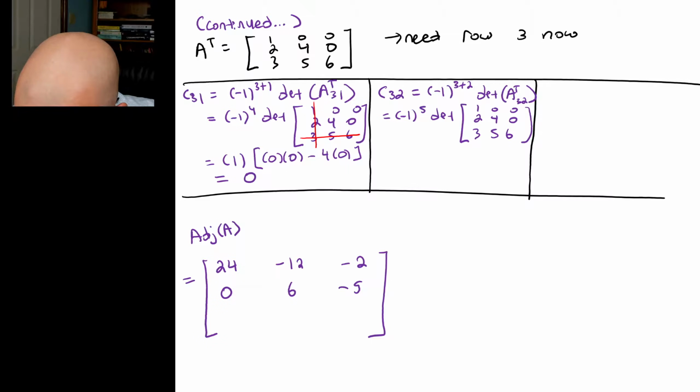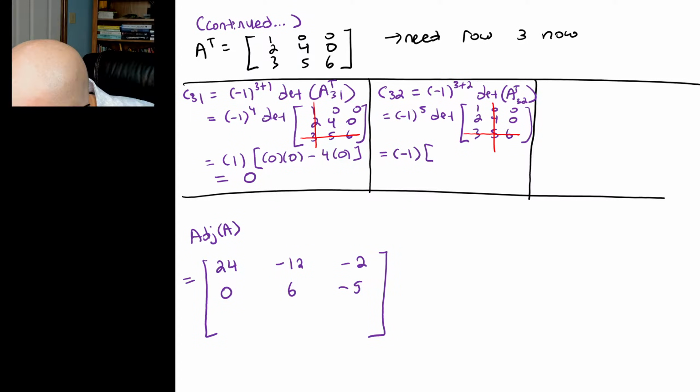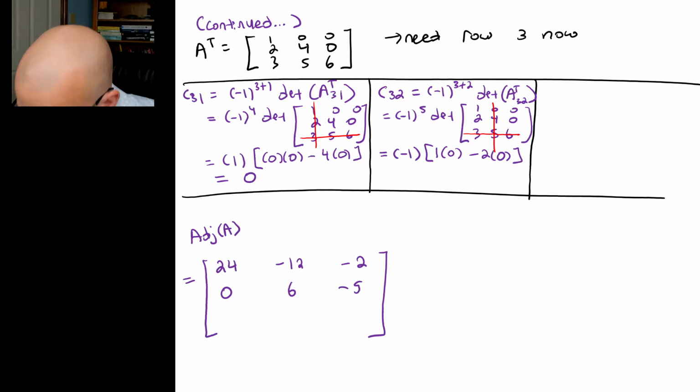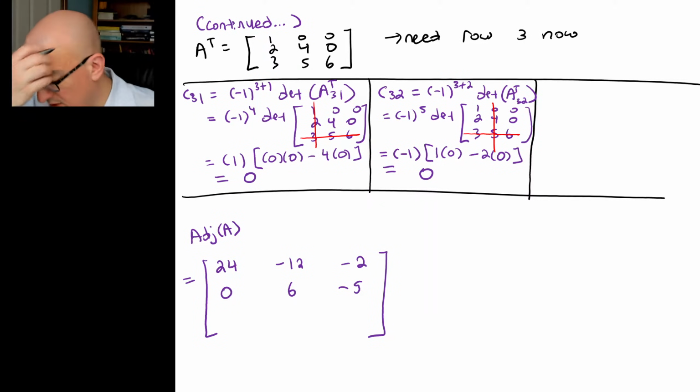Eliminate row 3, eliminate column 2. So we have negative 1 multiplied by down product, which is 1 times 0, minus the up product, 2 times 0. So we get 0 for that one as well.